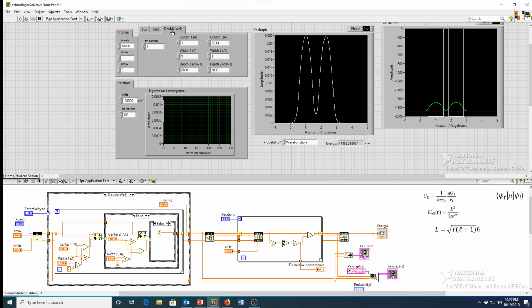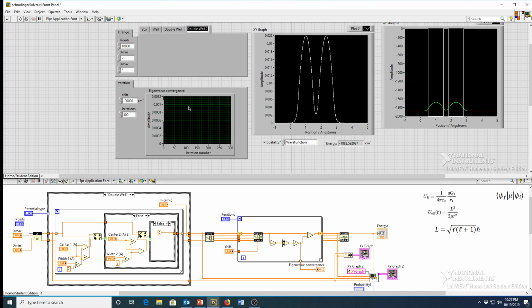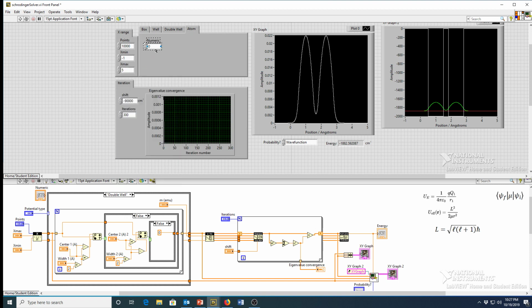So let's start by adding a page here to our tab of potentials that we're accumulating for the atom. We need 3 controls to define our atomic potential here. The first one is the charge of the nucleus in elementary charge units.